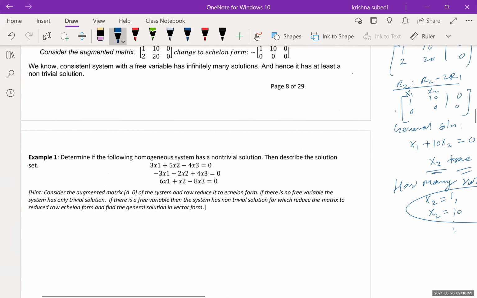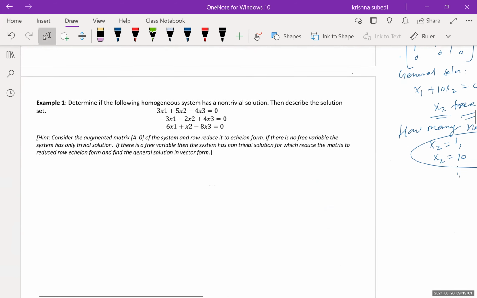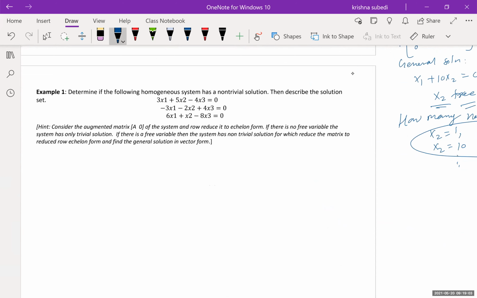Let's look at this example. Determine if the following homogeneous system, by the way, this is homogeneous because all the right hand sides are 0, has a non-trivial solution. We already know that it has the trivial solution. It is 100% sure.